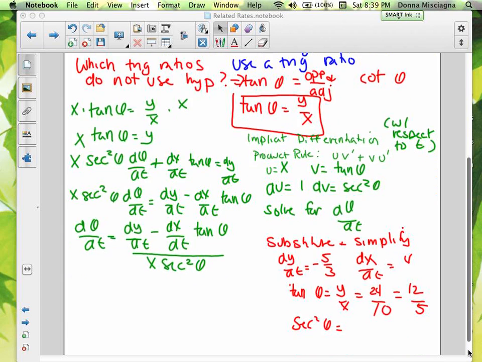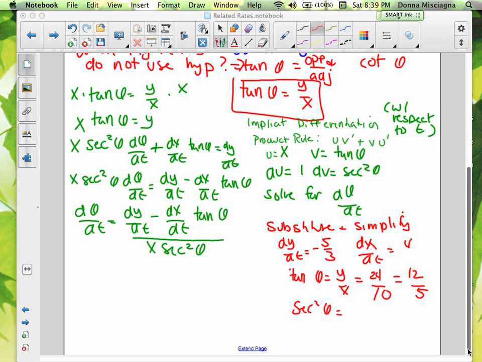No big deal. So secant squared theta is s over x, squared, because the whole thing's squared. s was 26 and x was 10. Let's reduce that before we square: 13 over 5 squared, which is 169 over 25.